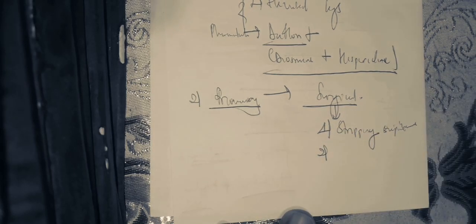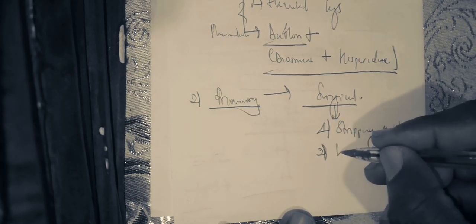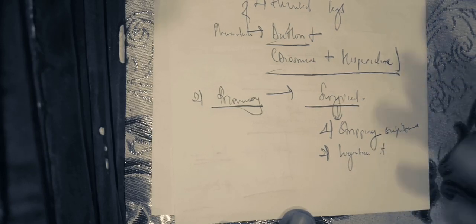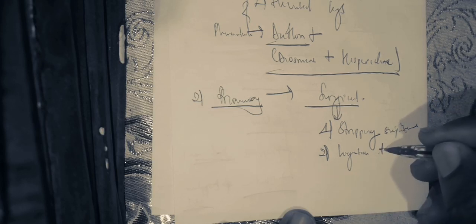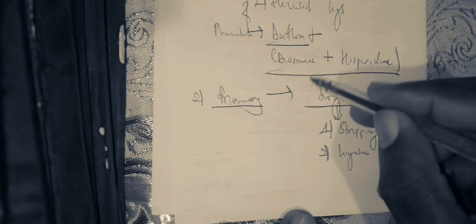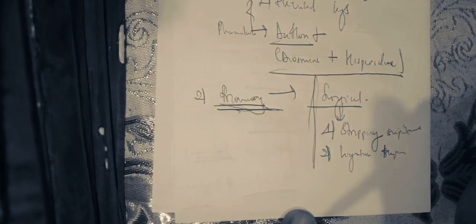The second option is ligation of the saphenous vein and the tributaries. Either you strip by removing the saphenous vein, or you ligate it. This surgical management is only used in primary venous insufficiency.